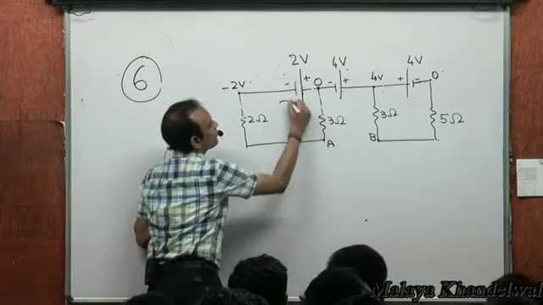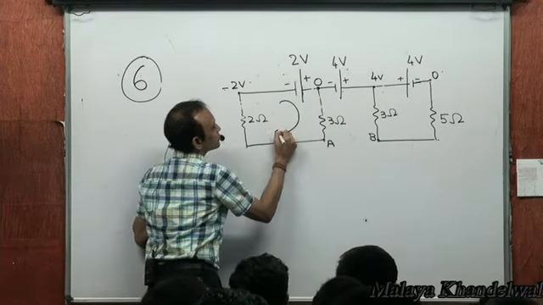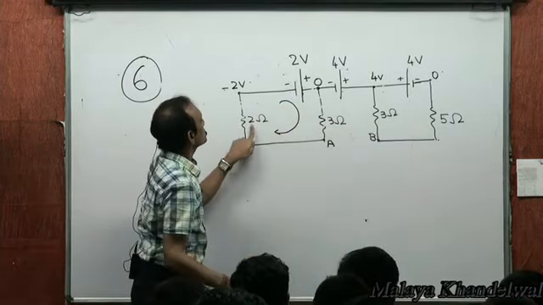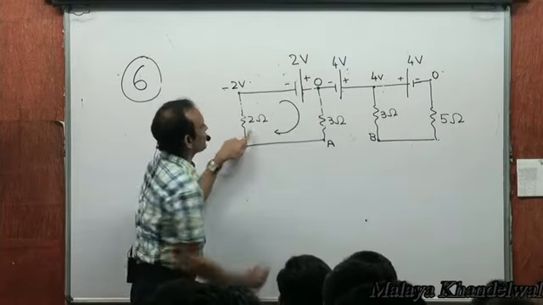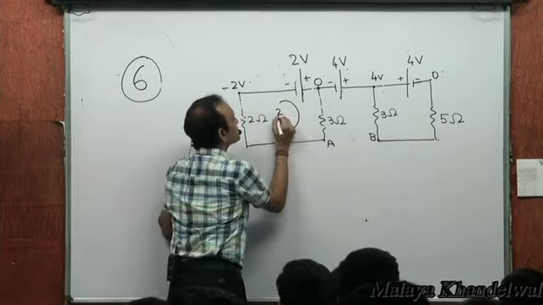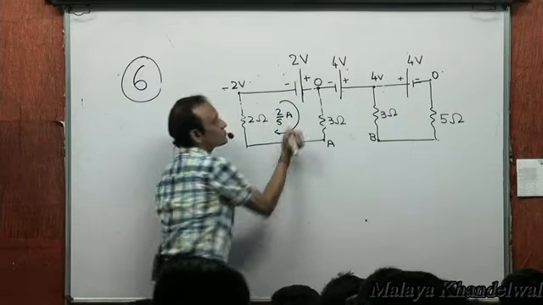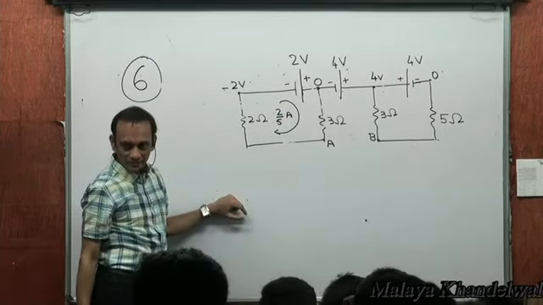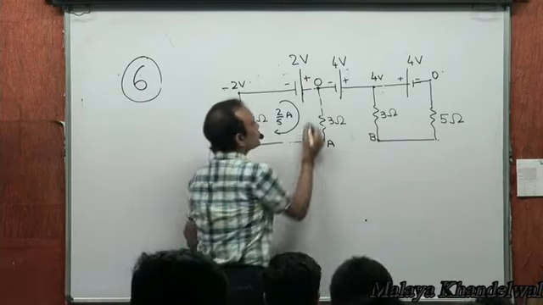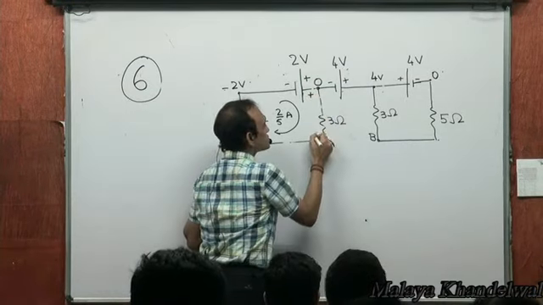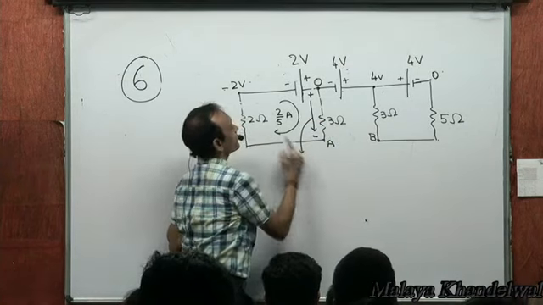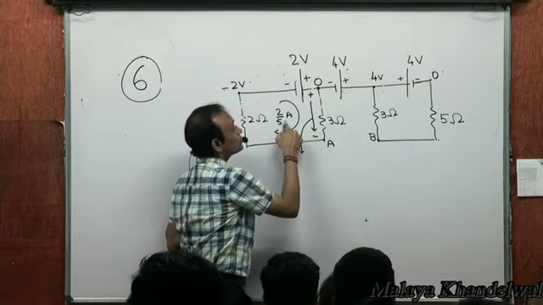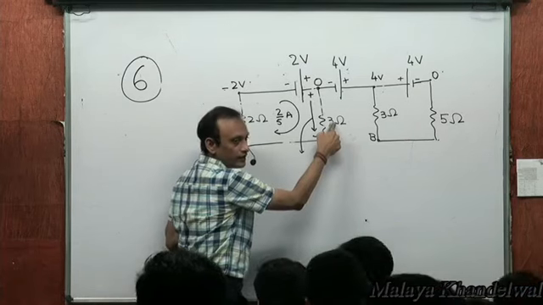What is the current flowing in this loop? 2 by 5 amps, isn't it? 2 volts is the drop divided by 5. So 2 by 5 amps is the current flowing through this. So then the drop across this, drop in this direction is going to be IR, right? 2 by 5 into 3 volts.